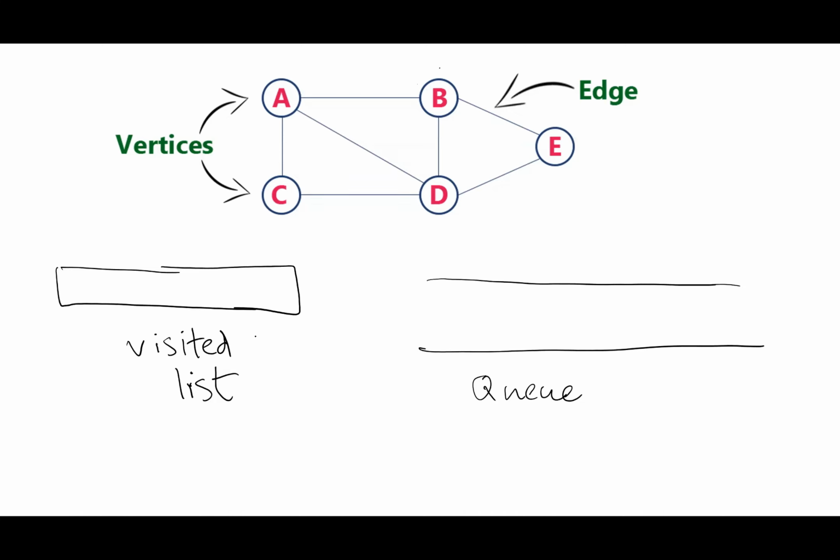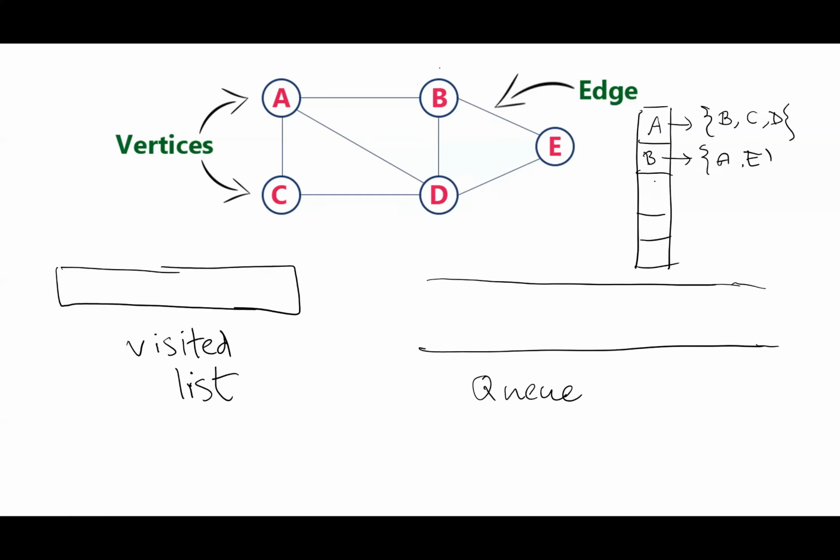Okay, so we have a visited list, and then we have a queue, and the graph is in an adjacency list representation. That means each node will have a list of its edges or neighbors. So for A, this will be B, C, D. For B, it's going to be A, E, right?